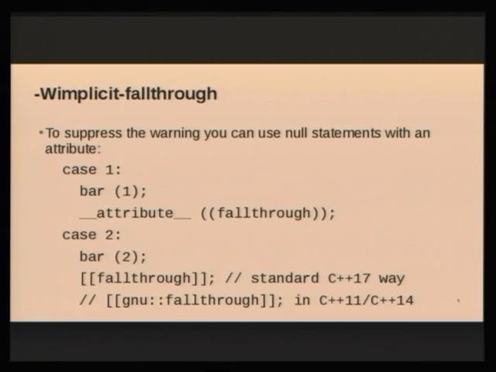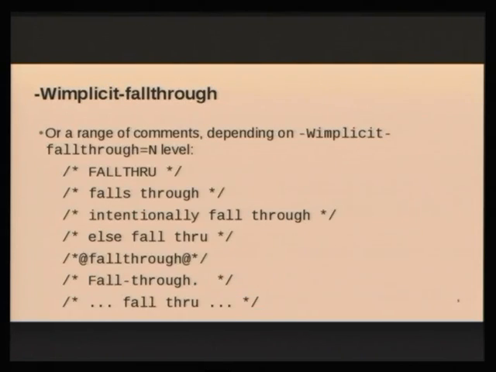If you cannot, then you can use the GNU attribute, or you can use a fallthrough comment, which is something we discussed a lot, and, I mean, this is insane. Because this fallthrough comment is nice, but then some other projects use this, or this, or this, or whatever else, and it's really never ending.